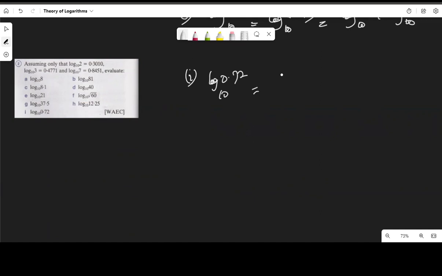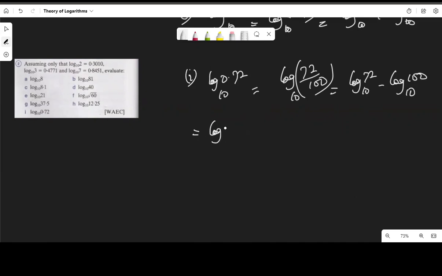And this I can write as log of 72 over 100 to base 10, which is log 72 to base 10 minus log 100 to base 10. 72, we can write that as 36 times 2, then minus log 100 to base 10.